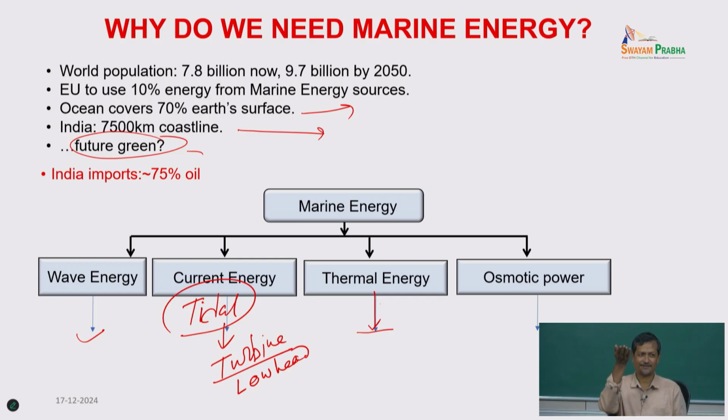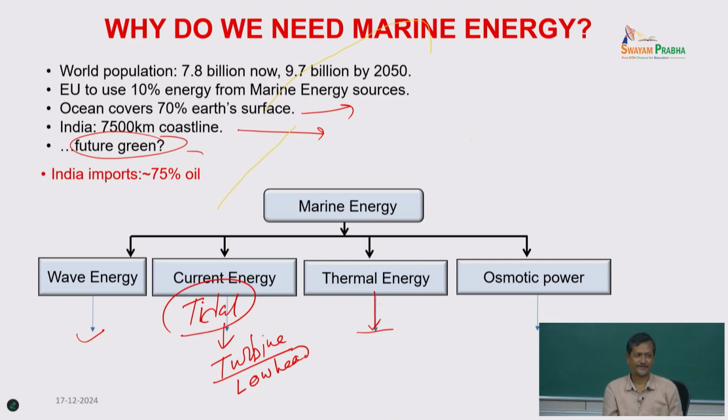So cold, high density fluid goes down, and at 4 degrees, the water will be near the seabed area, and whenever it gets heated up, it comes to the surface, because of expansion, okay. So this cold, high density fluid will be at the bottom and low density hot water will be on the surface. So I get a temperature difference: this is 4 degrees, and in India the surface is around 30 degrees, okay.